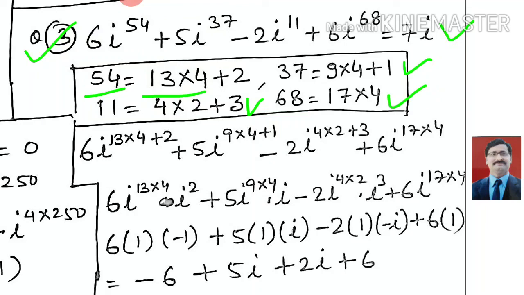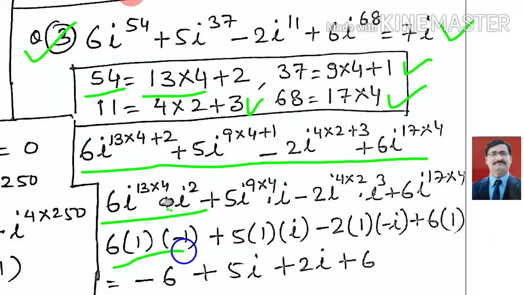Changing all of these, you get 6 iota power 13 into 4 plus 2, plus 5 iota power 9 into 4 plus 1, minus 2 iota power 4 into 2 plus 3, plus 6 iota power 17 into 4. Separate this as 6 iota power 13 into 4 into iota power 2, plus 5 iota power 9 into 4 into iota, minus 2 iota power 4 into 2 into iota power 3, plus 6 iota power 17 into 4.